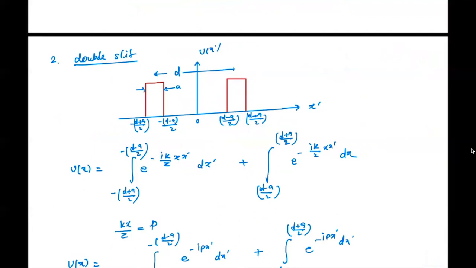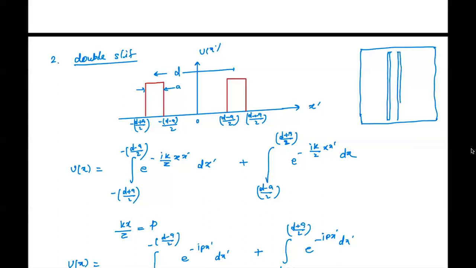Now, what is a double slit? As I was just drawing there last time, actually making this double slit is not as easy, but theory-wise it is fine. So you have a slit like this and a second slit like this, and then the rest is all opaque.